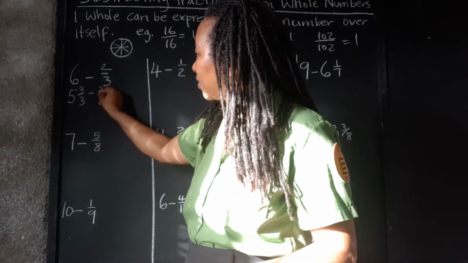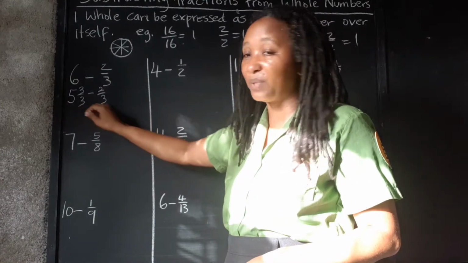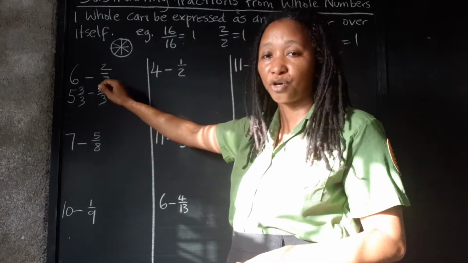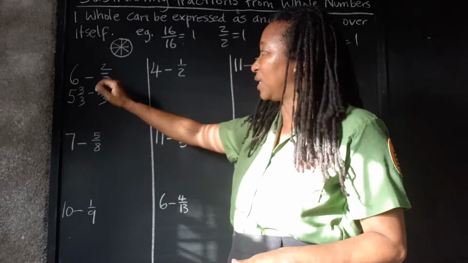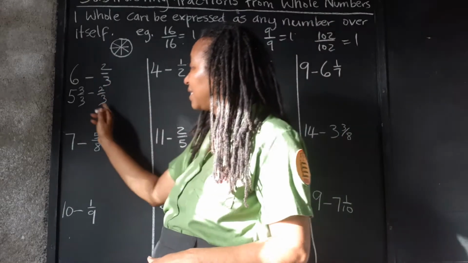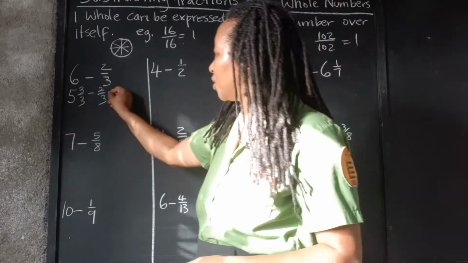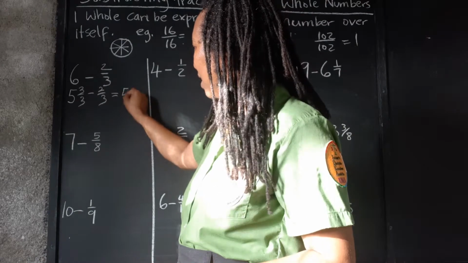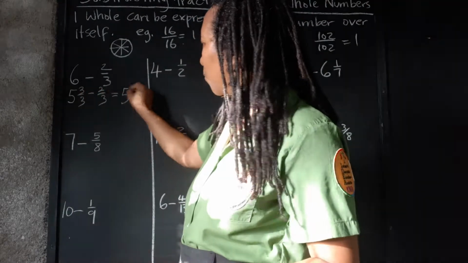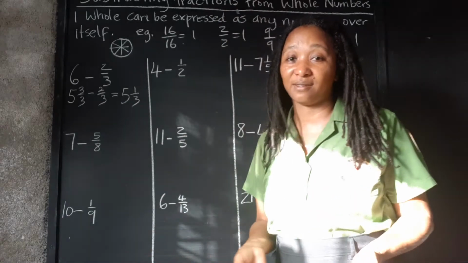And now we can subtract. Since now they have the same denominator, and that's why we made sure to express it as whatever the denominator of this fraction was, we can just subtract the numerators. So we just put back the 5, and then 3 take away 2 is 1, and we put back our denominator. And that's our answer.